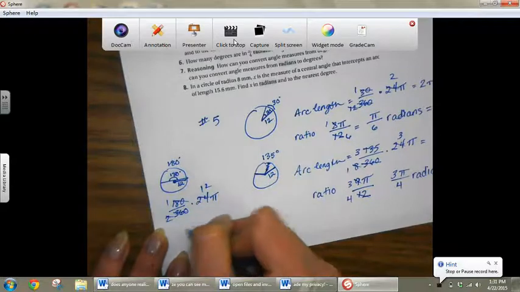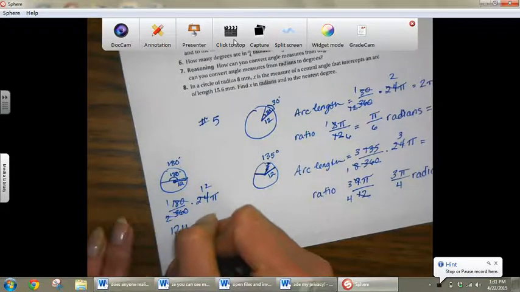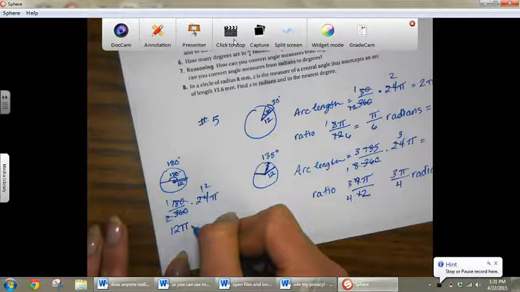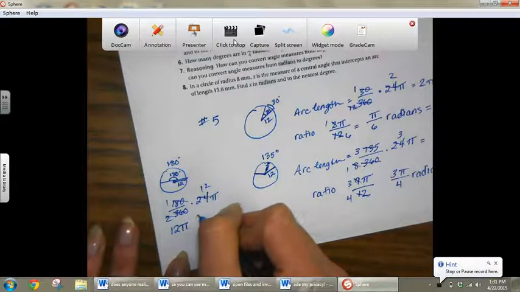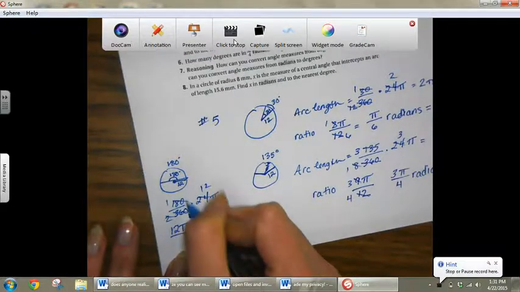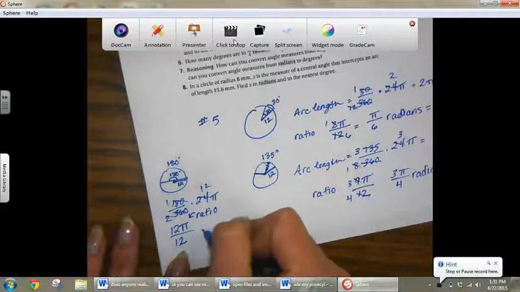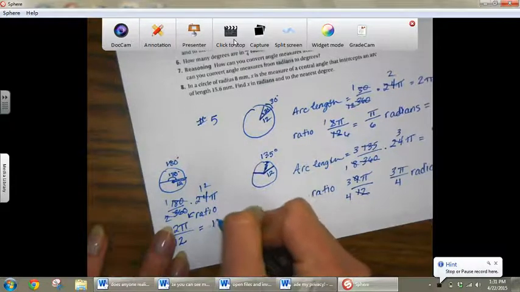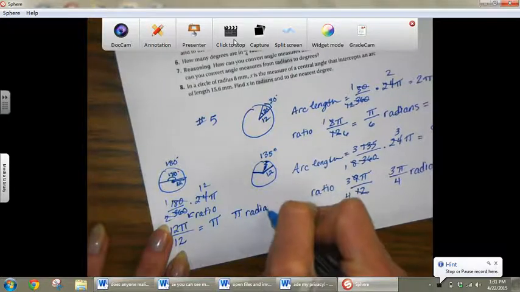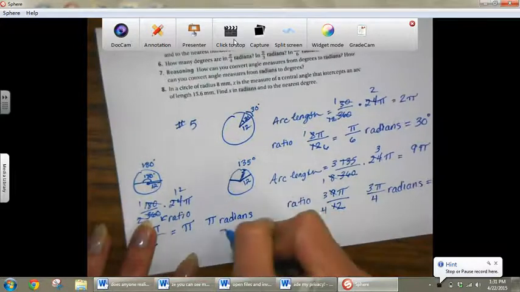So I get that 12 pi is my arc length. And then, sorry, for the ratio, I'm going to divide that by 12, so I end up with just pi. So pi radians is equivalent to 180 degrees.